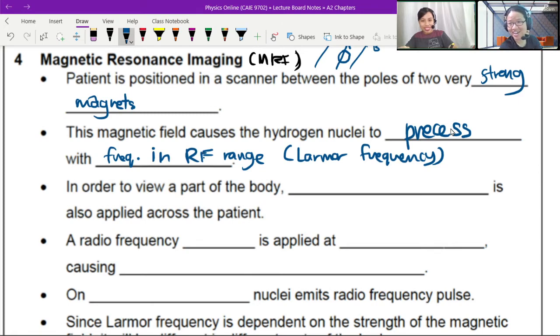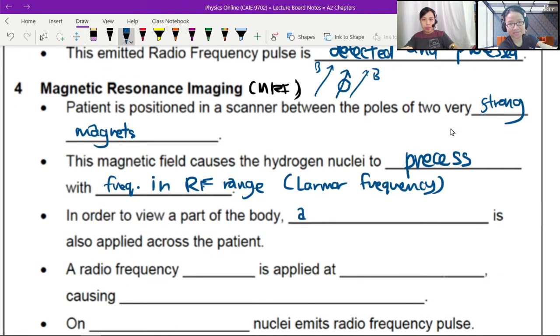It's okay. Okay, in order to view a part of the body, we have two magnetic fields. The first one is a very strong magnetic field. Point number one. Point number three, we need to have a secondary magnetic field. In the CIE syllabus, they call it a non-uniform magnetic field.